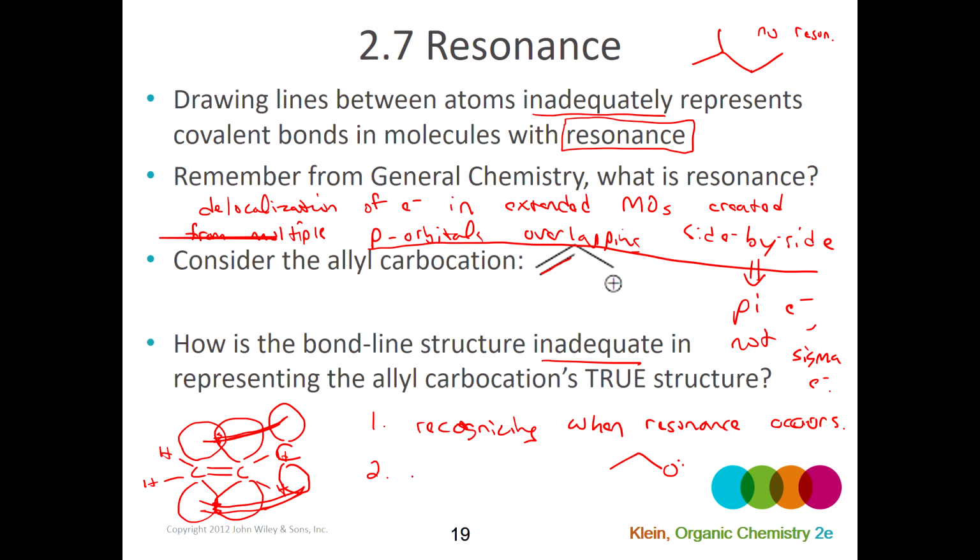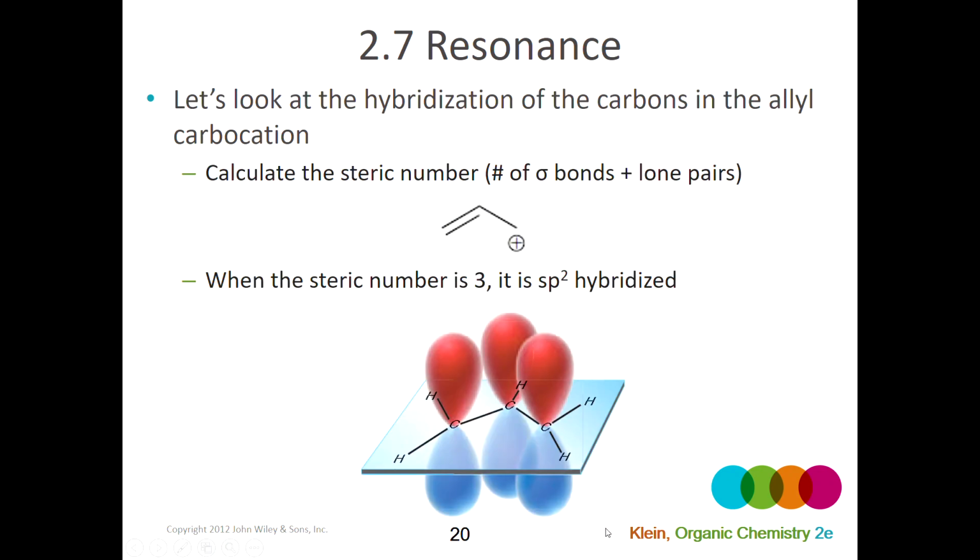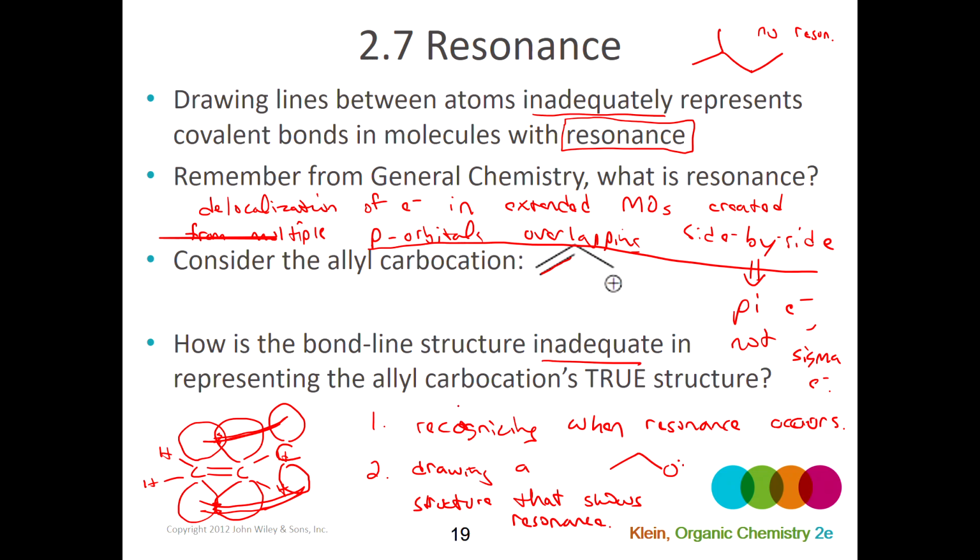And two is understanding what resonance is, or drawing a structure that illustrates the resonance, or that shows the resonance. So there are really two parts to that. We've got to start with part one and then work toward part two, right?